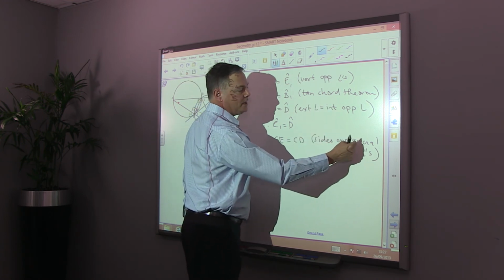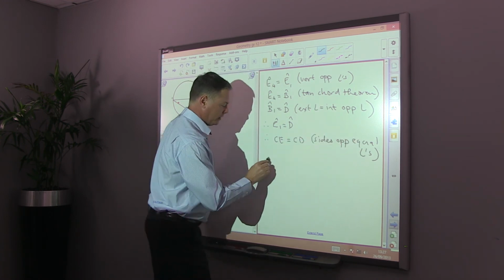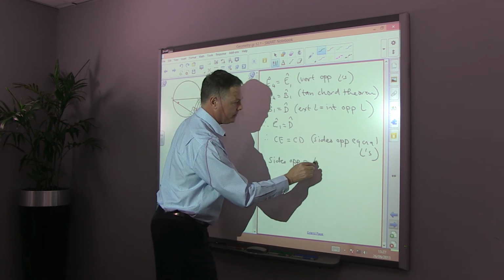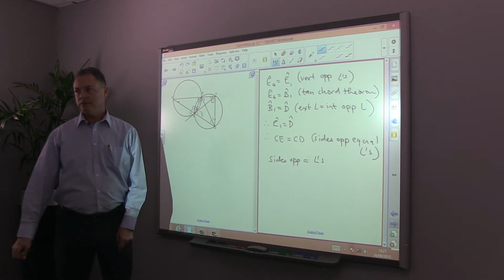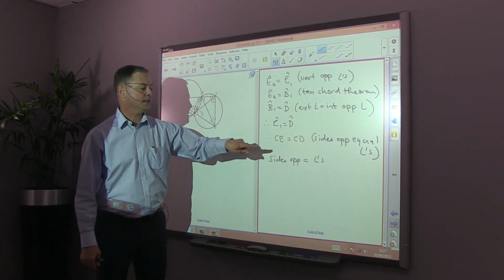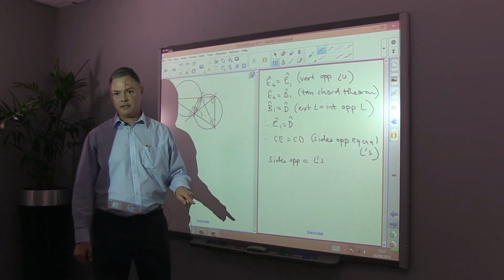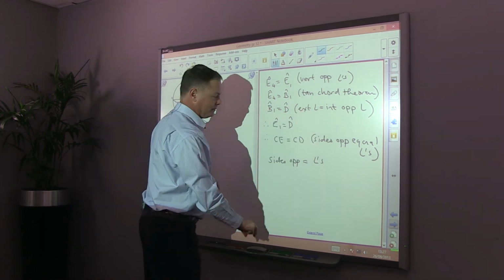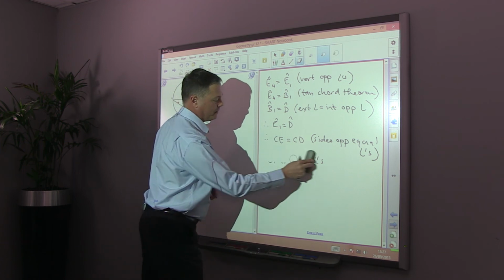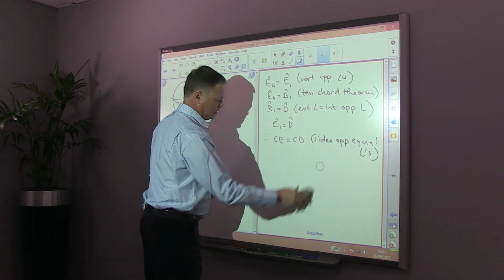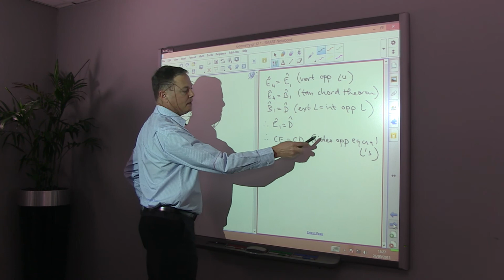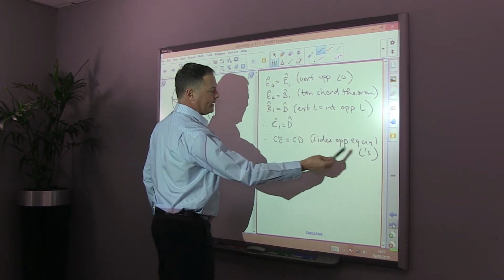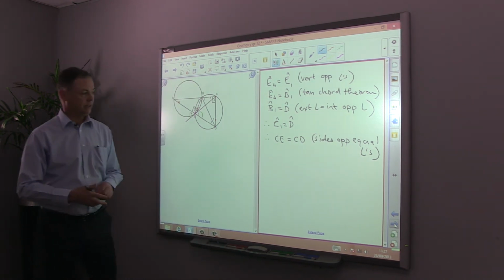If I wrote sides opposite equal angles using the sign, that statement doesn't make sense, because how can sides equal angles? Your statement must still make sense. It can't be rubbish. So this is the isosceles theorem converse. The sides are opposite equal angles, therefore they are equal to each other.